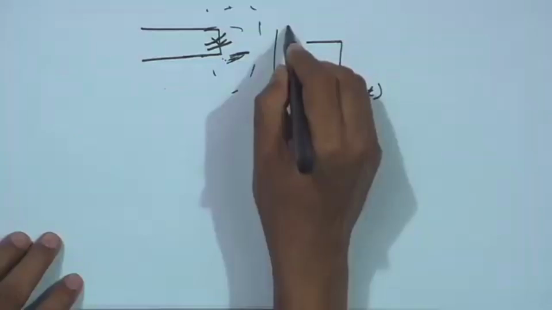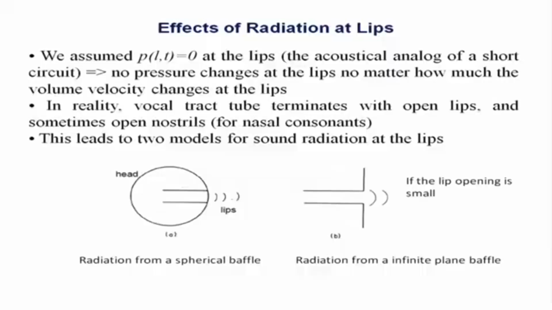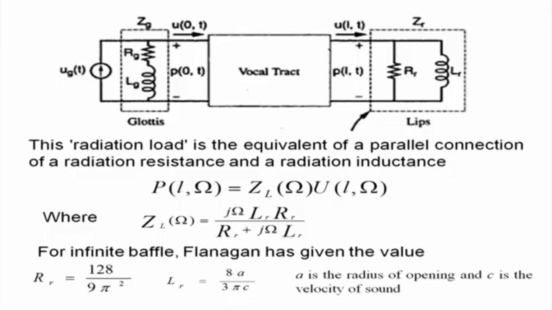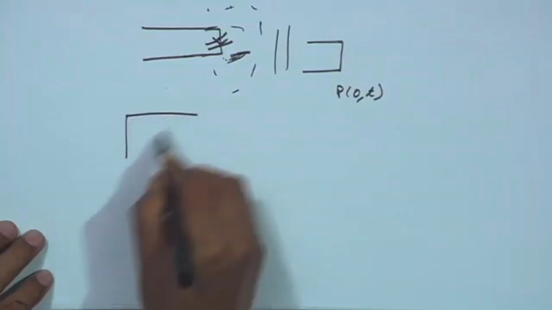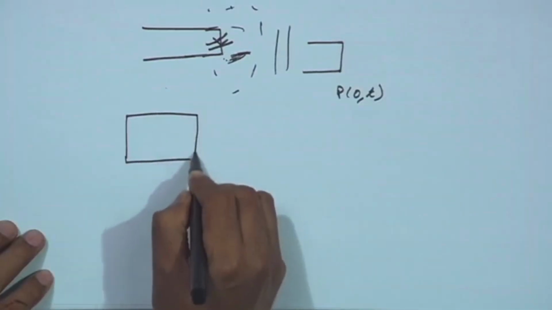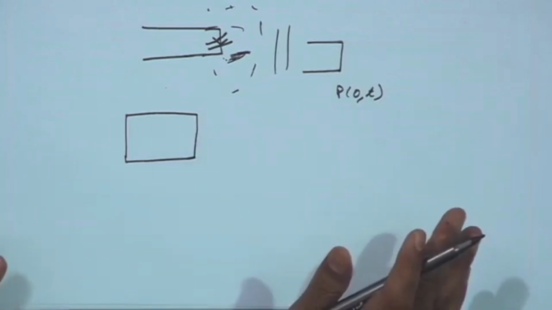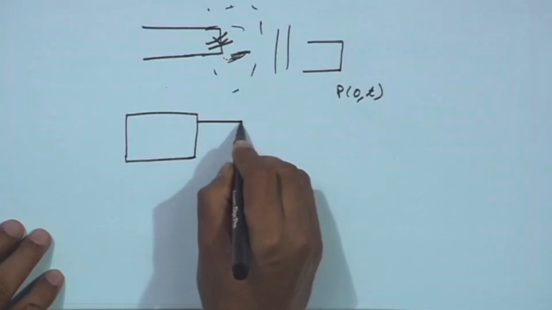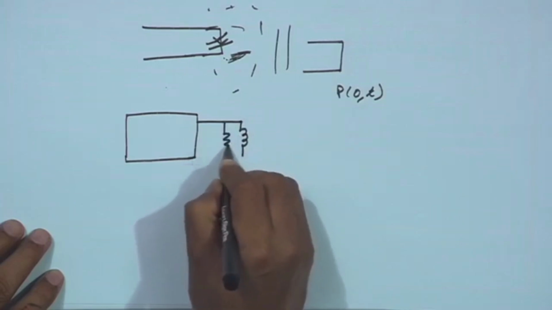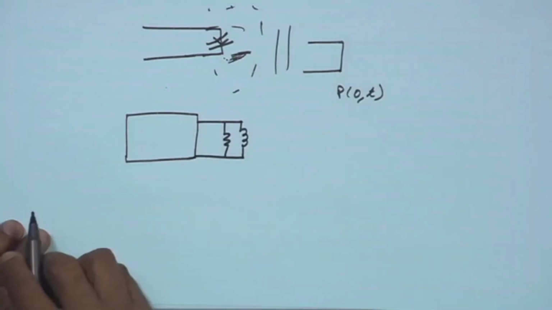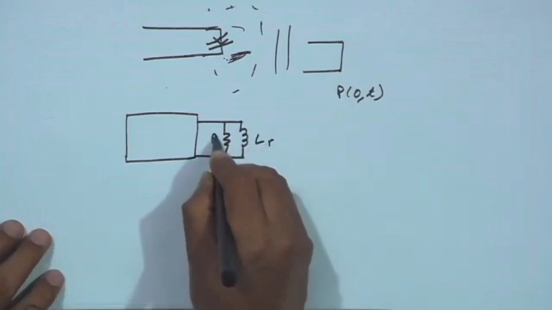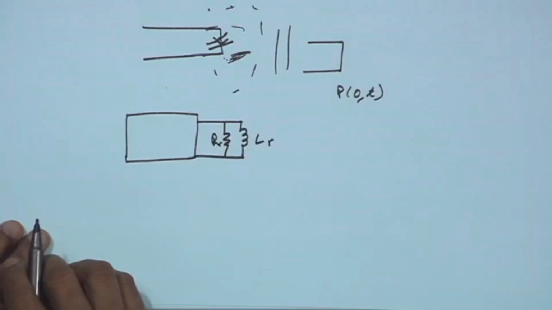If I put a microphone, what kind of signal can I expect from the mouth? Let me say this is the tube and this is the mouth, where it is radiated. The whole atmospheric load is at the lip. The load is nothing but an inductive and resistive load, L_R and R_R, the acoustic mass, inductive load and resistive load.